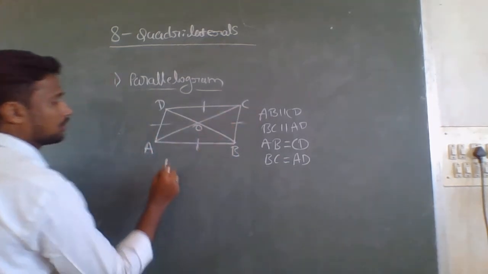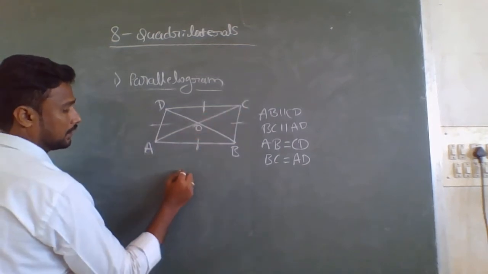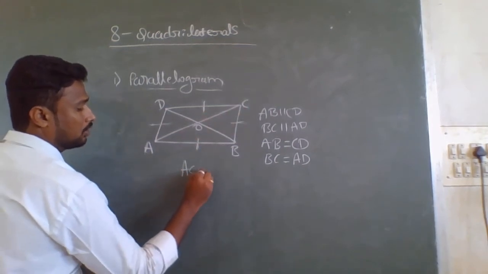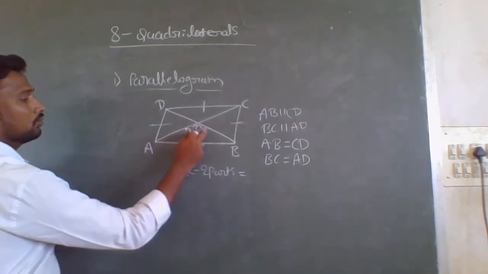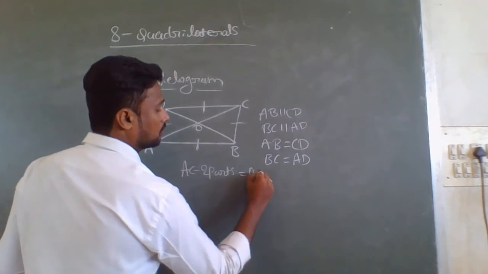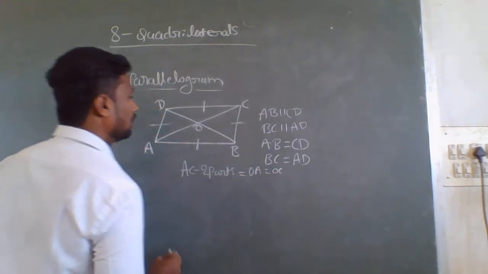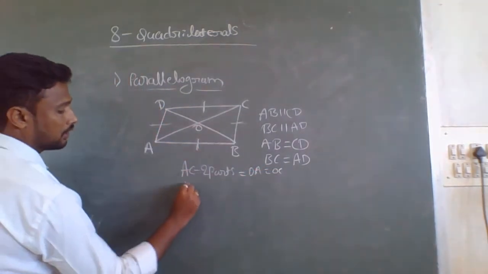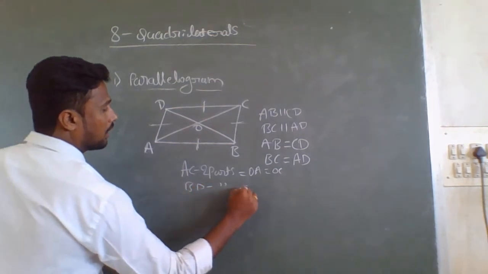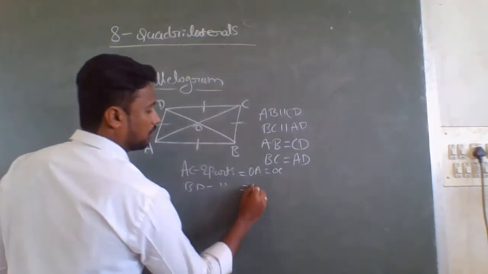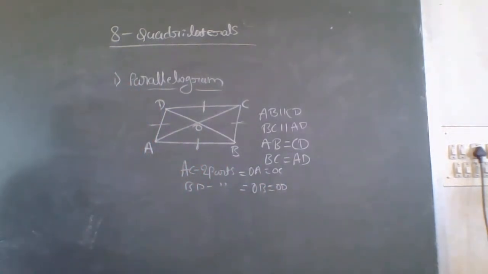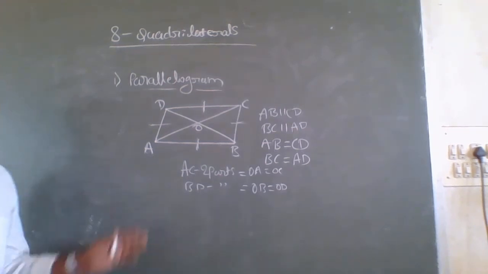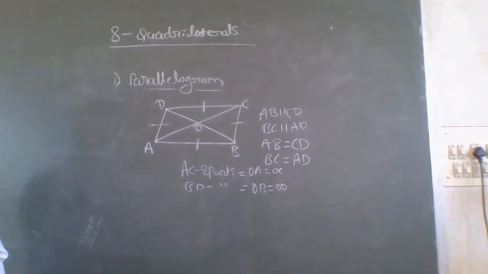Therefore OA is equal to OC. Like that only BD is divided into two parts, and OB is equal to OD. OB equal to OD means diagonals bisect each other. This is also one of the important properties of a parallelogram.